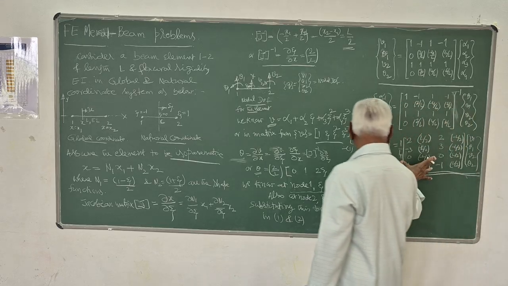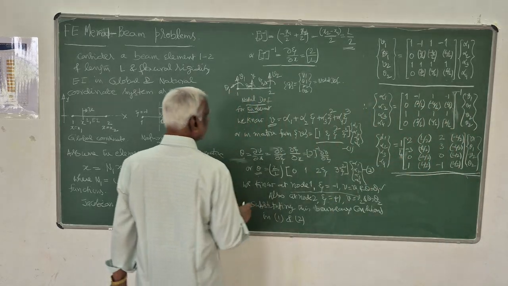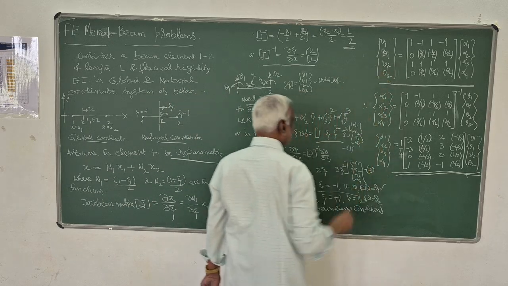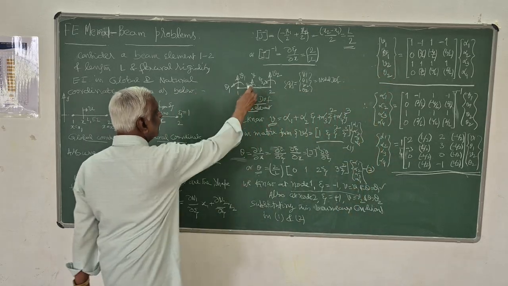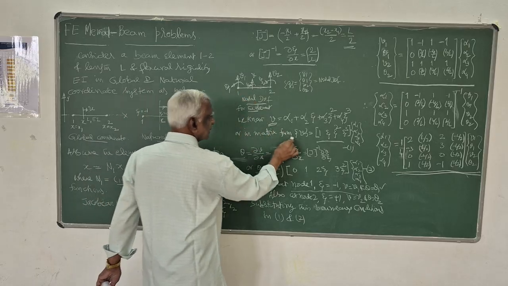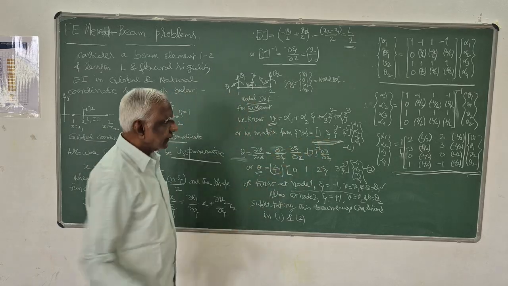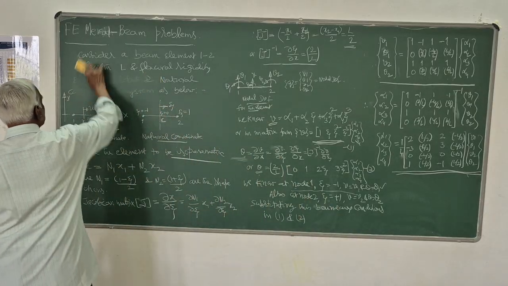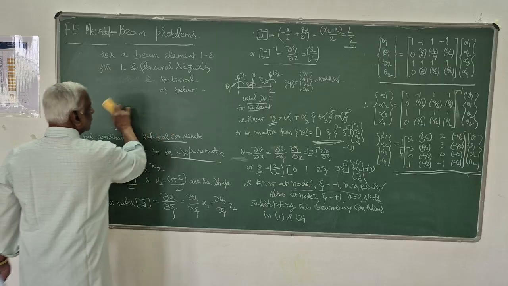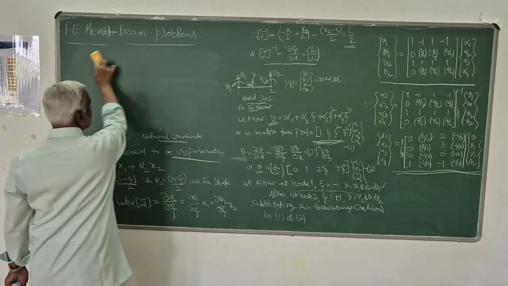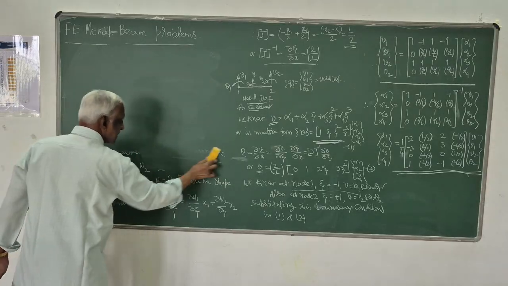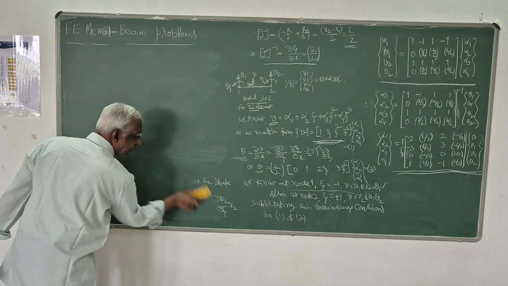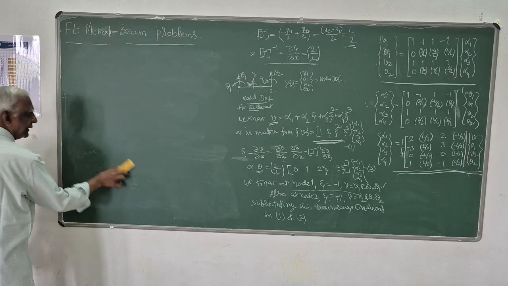This is alpha 1, alpha 2, alpha 3, alpha 4. Now you substitute this alpha 1, alpha 2, alpha 3, alpha 4. You will get the value of v1, v2 in this equation. Substituting for alpha 1, alpha 2, alpha 3, alpha 4 in 1 and 2, you will get the equations for the displacement v or theta at any point in the beam element.